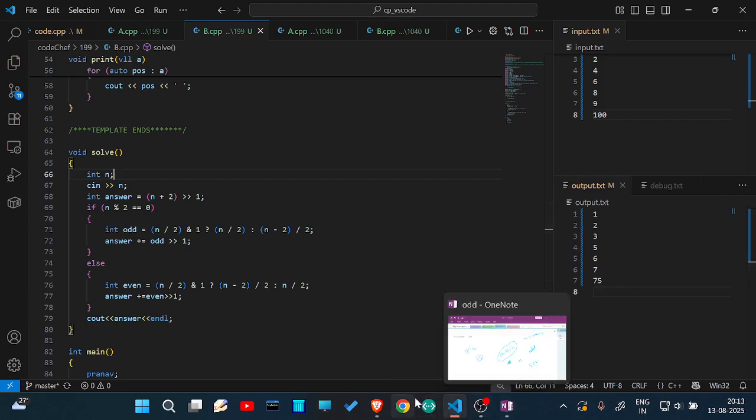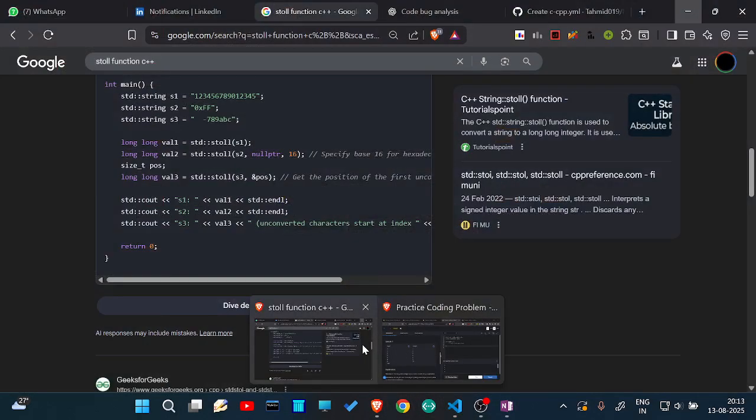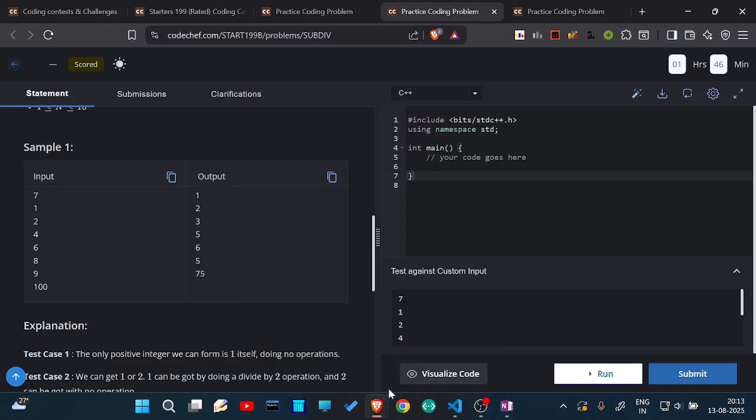So let's check for 9, what will be the answer? Always stick to 9. It's odd and 9 by 2 is 4. So we can get two numbers, 4 and 2. So 9 plus 2, 11 upon 2.